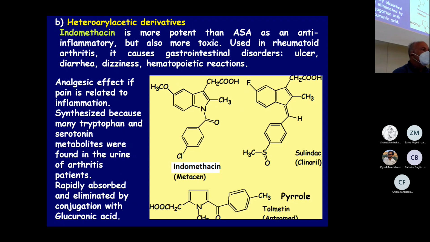If you remember, the chemical structure of tryptophan is characterized by the indole ring. And so they decided, in that time, they didn't know the chemical structure of the cyclooxygenase. And so they decided to synthesize, to introduce the skeleton of indole instead of the benzene ring. And in addition, if you see another aromatic ring with an amide group.